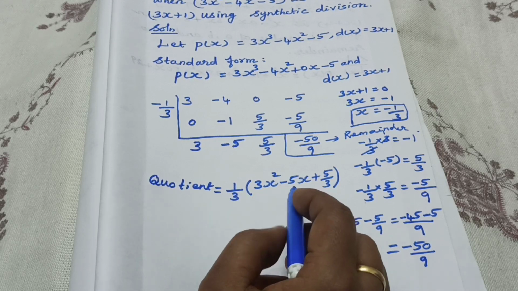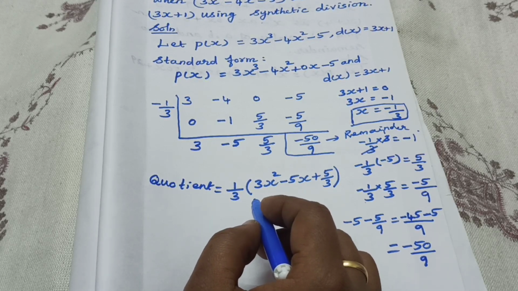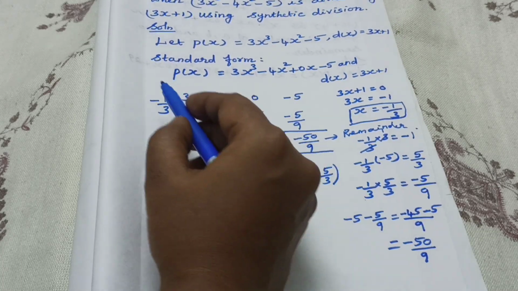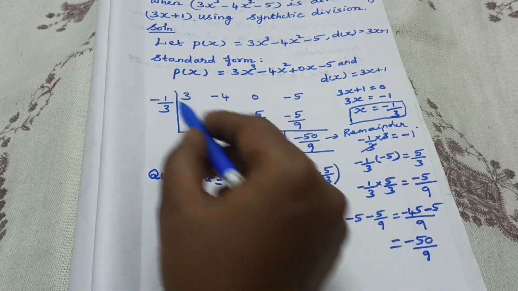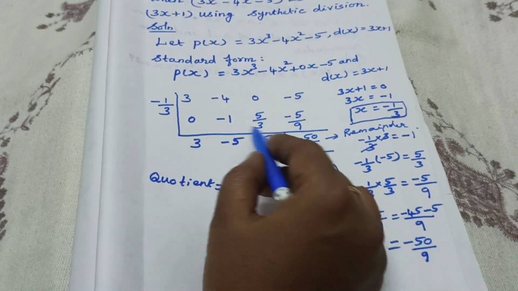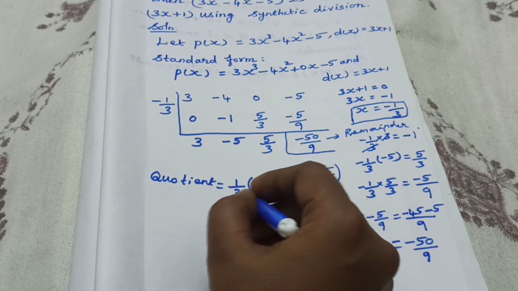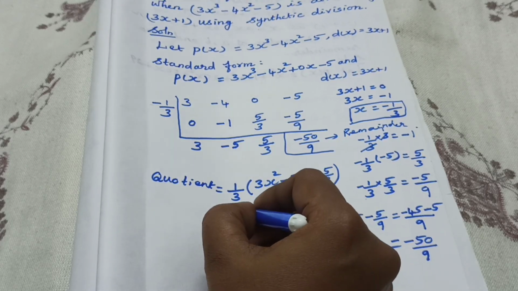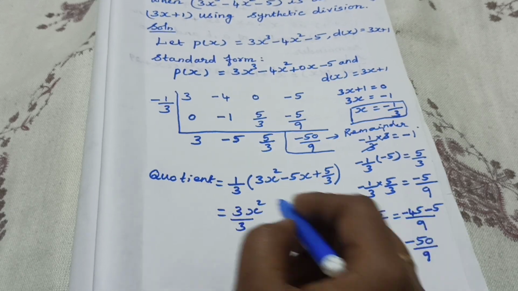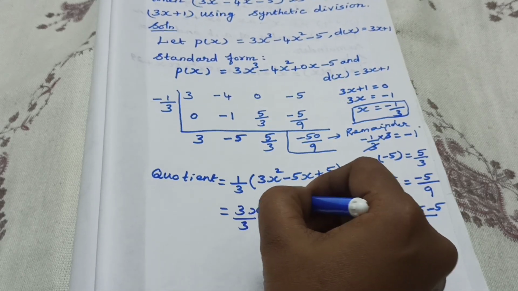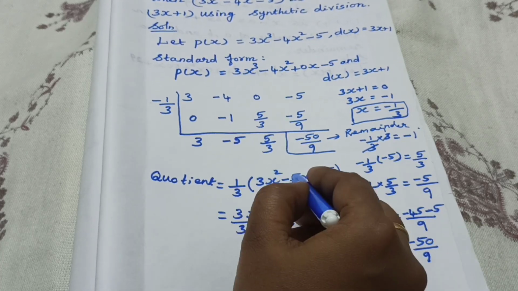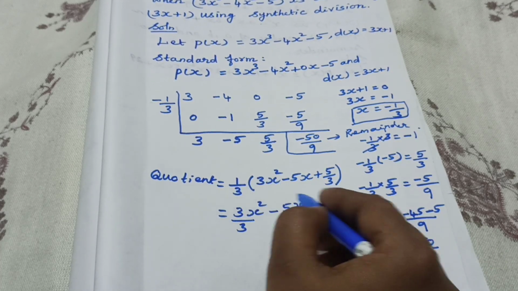This is a short form only I am giving. Another book gives another method; this method is enough. Here minus 1 by 3 is given. That minus 1 by 3 you should not take. 1 by 3 into this quotient, then each term you should multiply. What will we get? 3x square divided by 3. Then minus 5x divided by 3. 1 into minus 5x is minus 5 divided by 3.